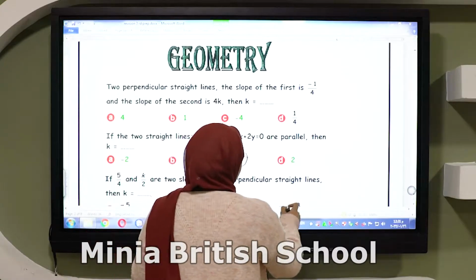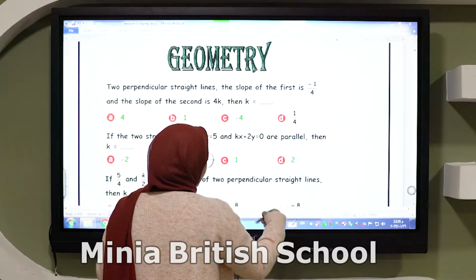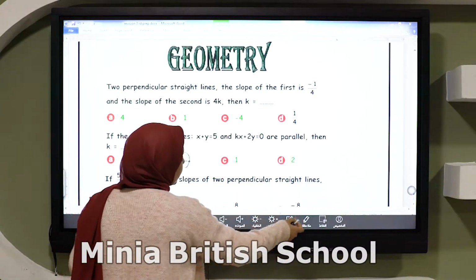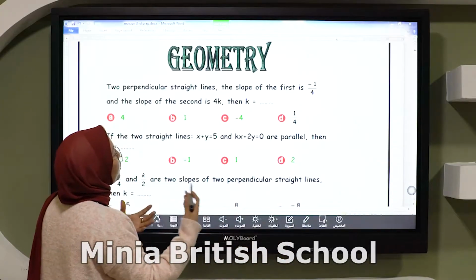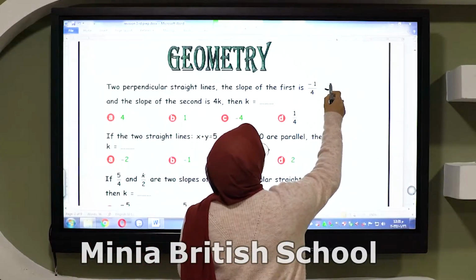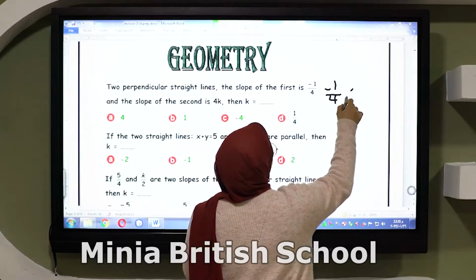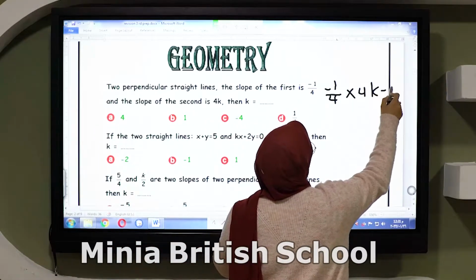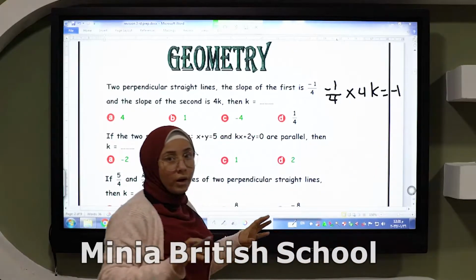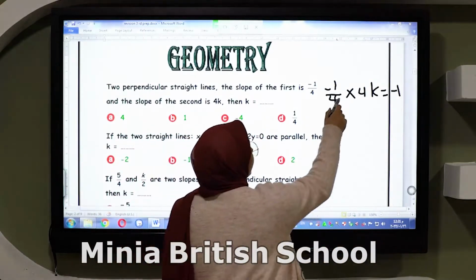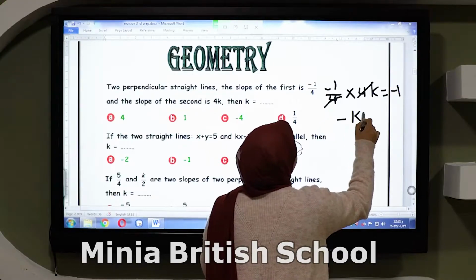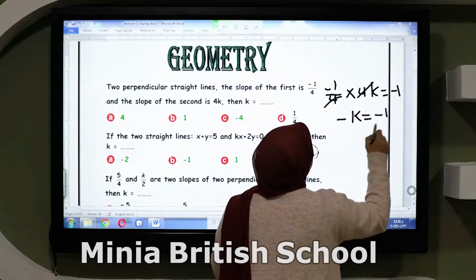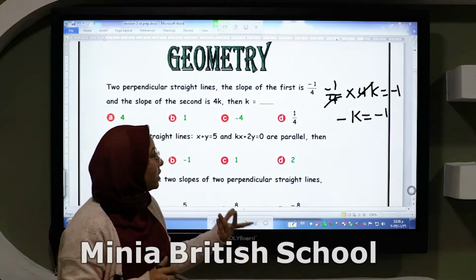So you can use this relation: -1/4 times 4k equals -1, okay? So the multiply of them equals -k equals -1. Then k equals 1, yes.